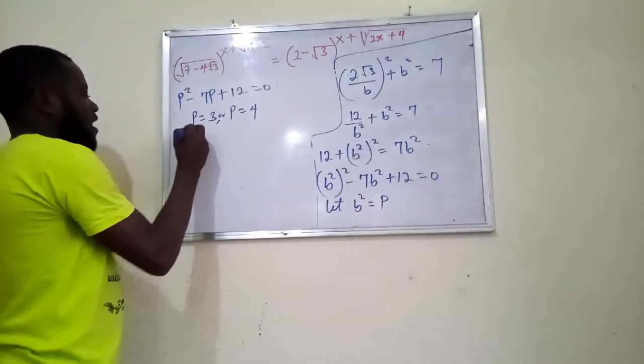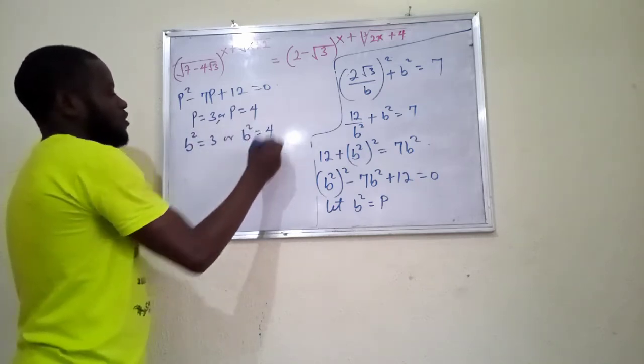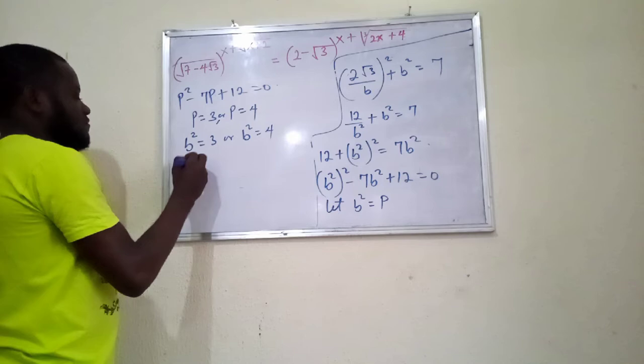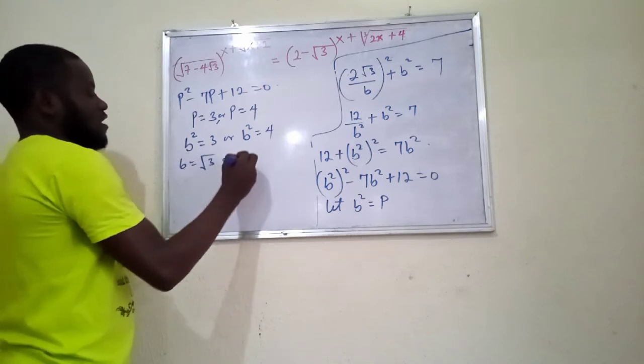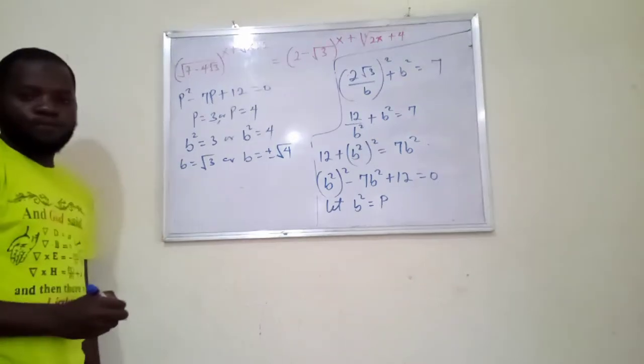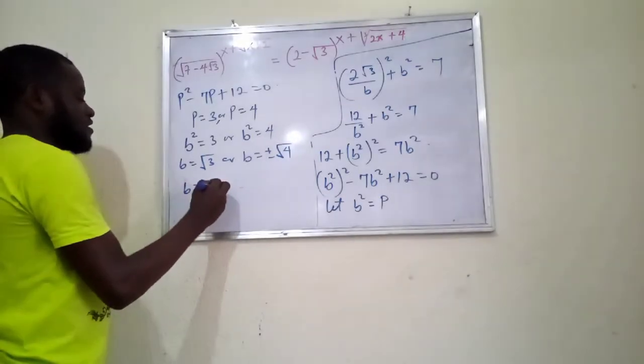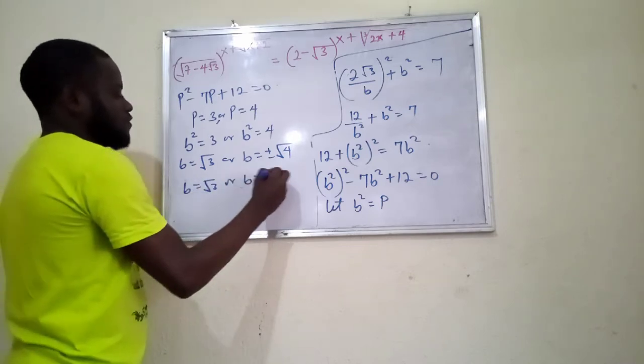So b squared equals 3 or b squared equals 4. Hence, b can be the square root of 3 or b should be plus or minus root 4. So let's take the positive value. So b can be root 3 or b should become 2.